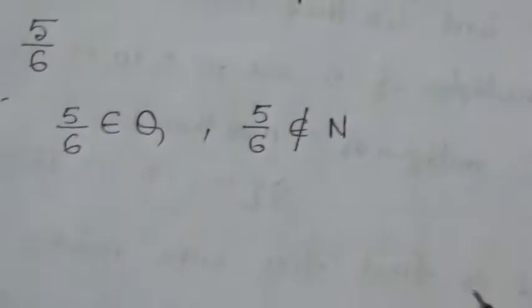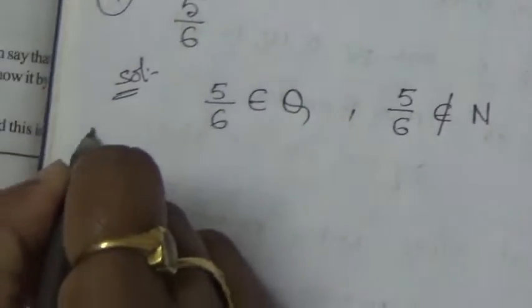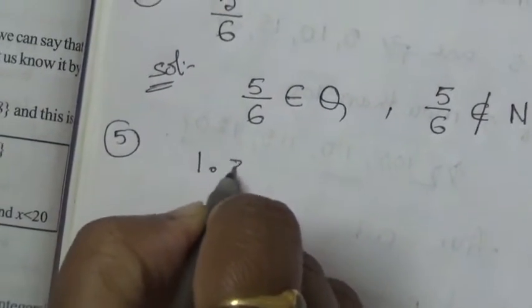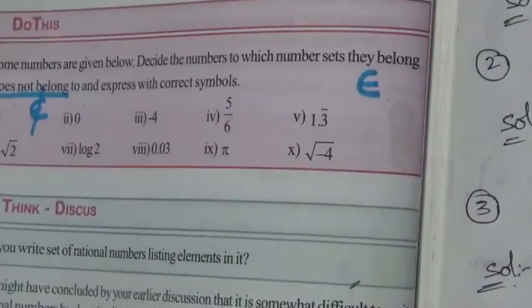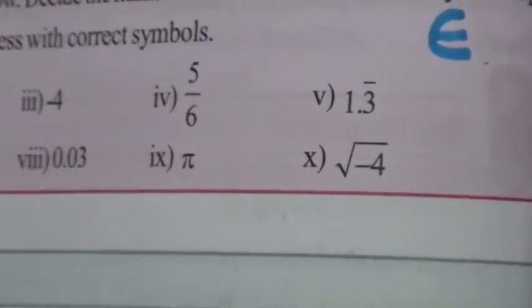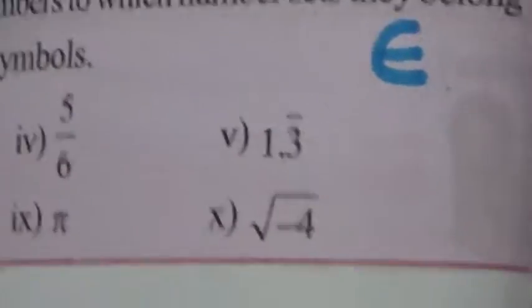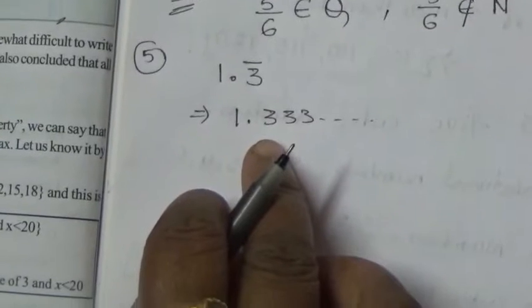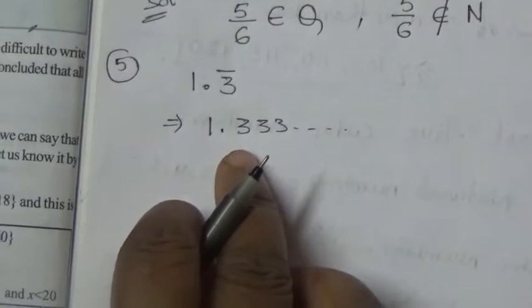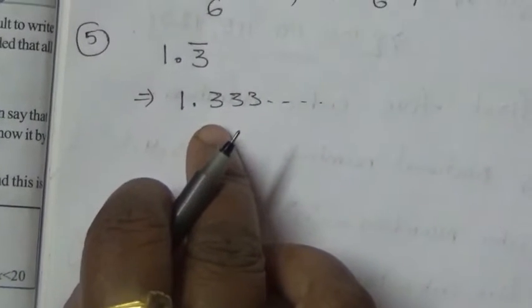That is natural numbers. Fifth number, that is 1.3 bar. We can write this number as 1.3333 and so on, right? So we can convert this number into p/q form. In your 9th standard you learned about this kind of sums.